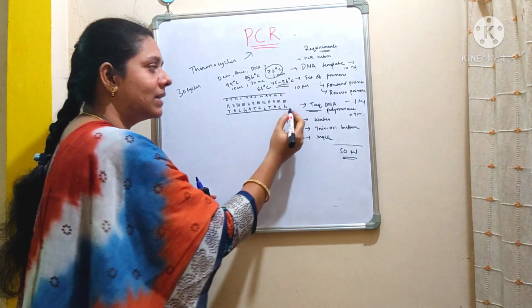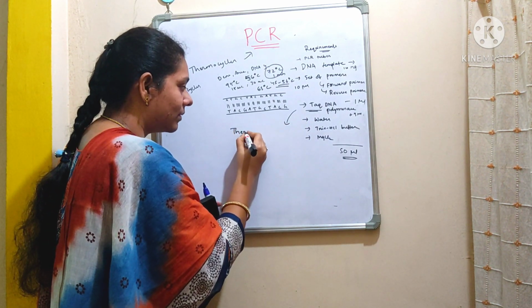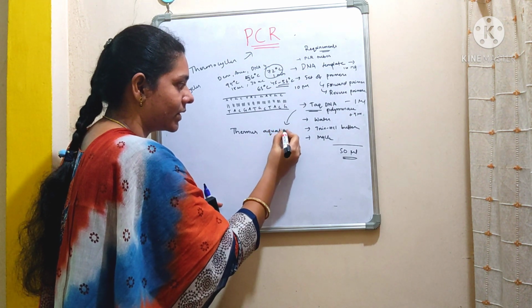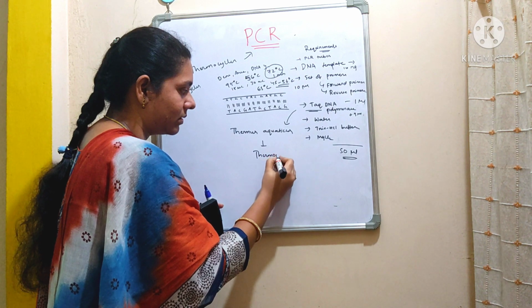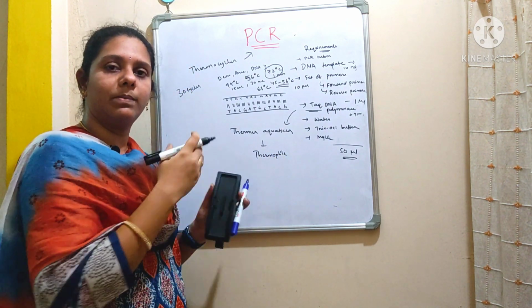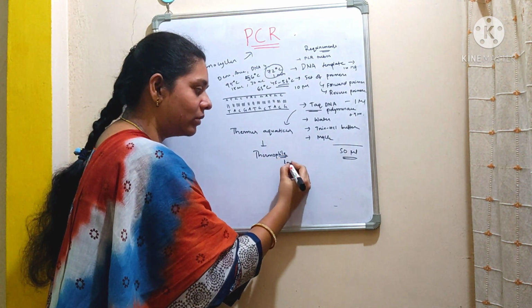Why? Because this enzyme is isolated from an organism called Thermus aquaticus, which is a thermophile. You might know about the microorganisms which are mesophiles and which are thermophiles. Phile means what? Love towards.